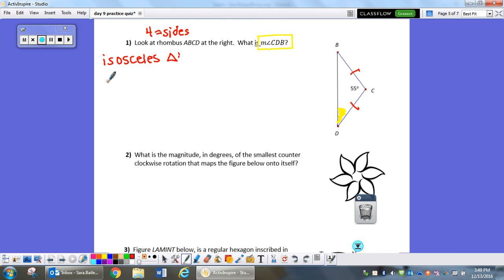So I would redraw the isosceles triangle, and you can still see the angle you're trying to find, B, C, D, and here's the angle you're trying to find. So that would be the base angle of an isosceles triangle.